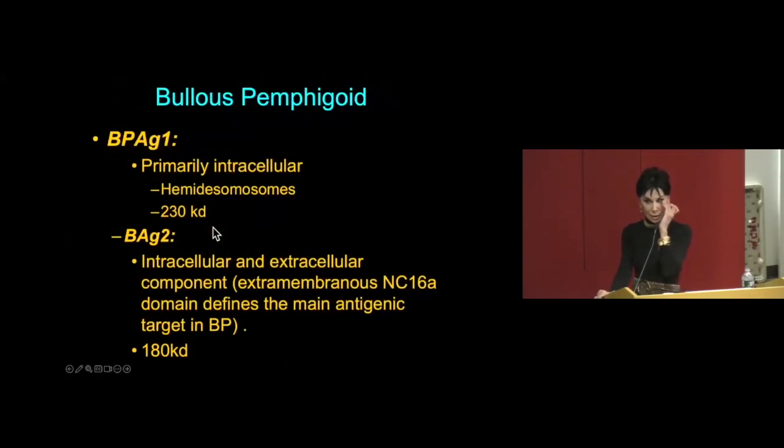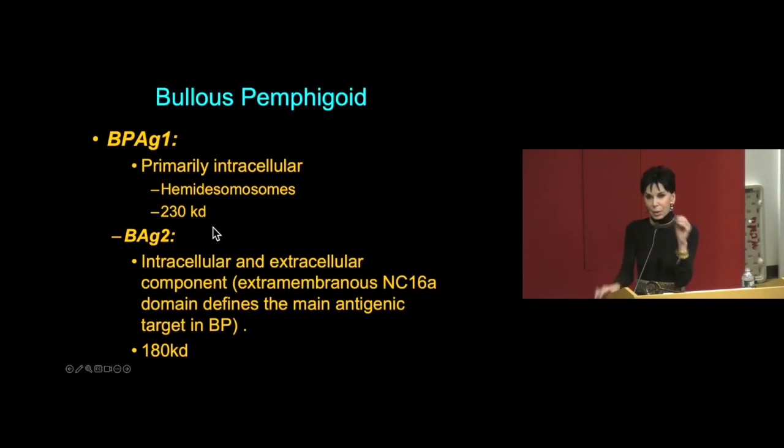So what are the antigenic targets in bullous pemphigoid? They're largely categorized into bullous pemphigoid antigen 1 and bullous pemphigoid antigen 2. The bullous pemphigoid antigen 1 is intracellular within the basal layer keratinocyte, localized to the hemidesmosomes, weighs about 230 kilodaltons. The bullous pemphigoid antigen 2 has both an intracellular and an extracellular component.